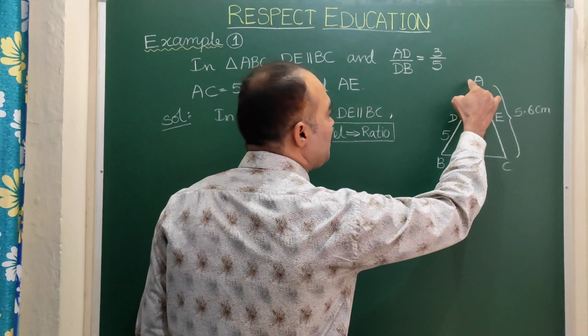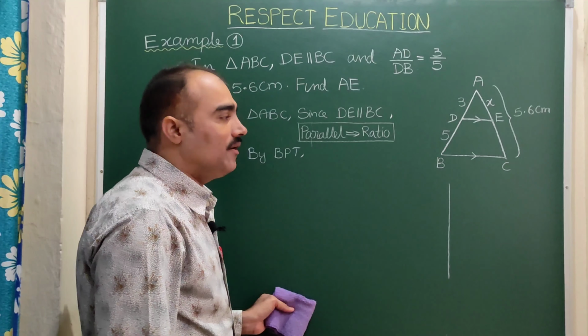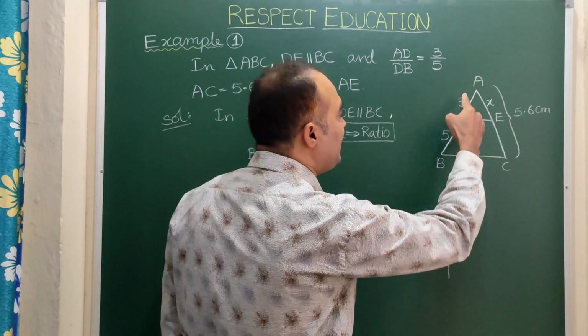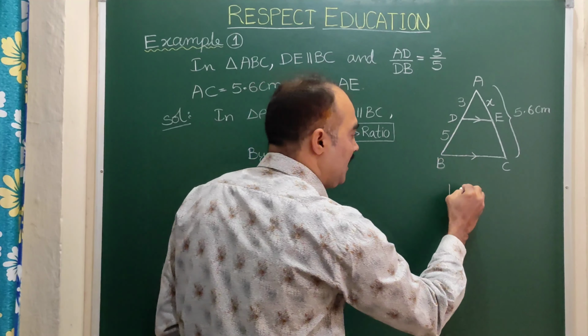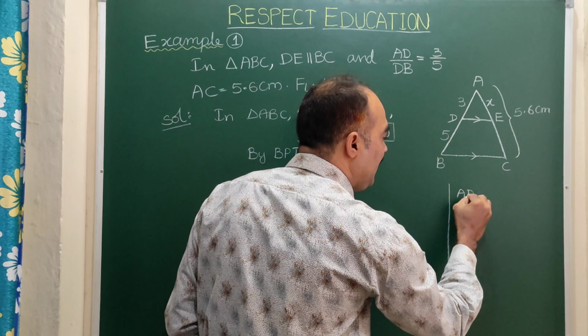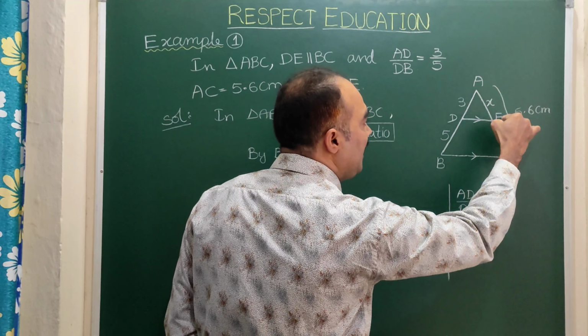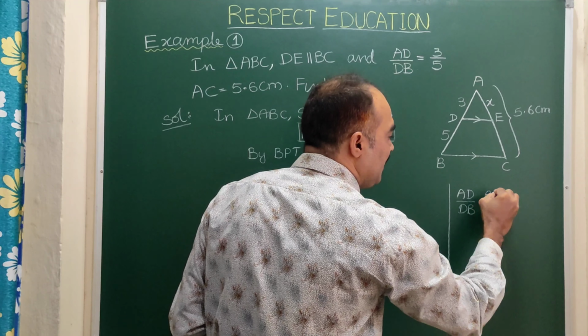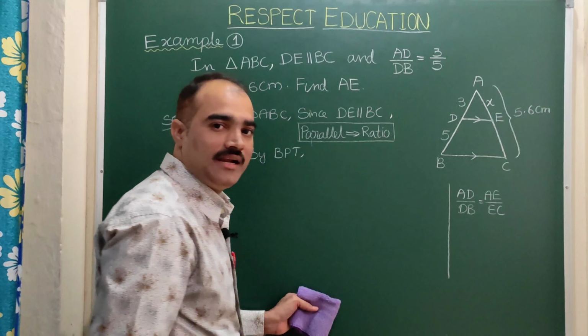Here you observe, in general, when BPT theorem comes, we take this ratio as AD by DB. Actually here we take AD by DB is equal to AE by EC. Right?